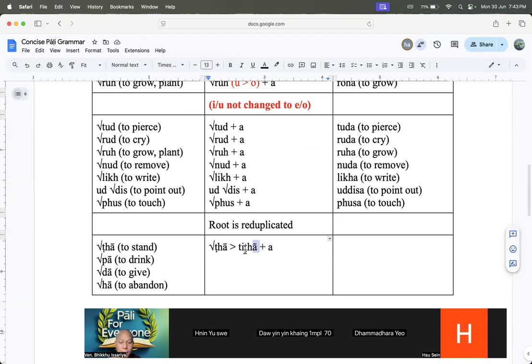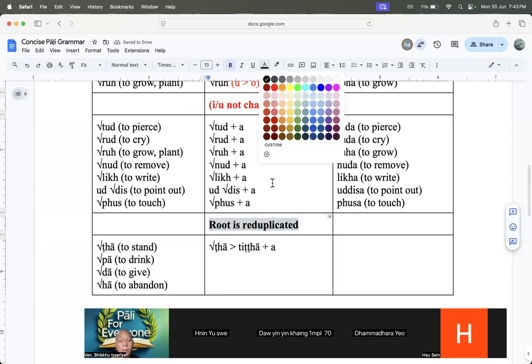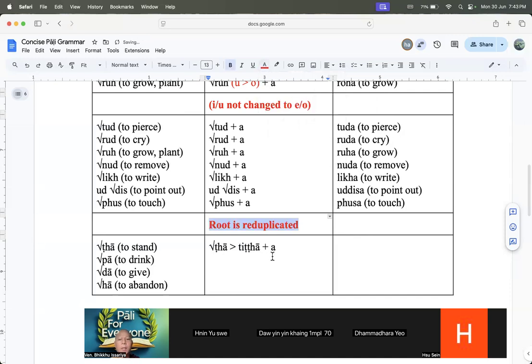So actually data in this. Yeah, data. So that means even though a single sound here become the data double sound. So that is, becoming reduplicated. Becoming double. So in this group, many changes that is not so clear.